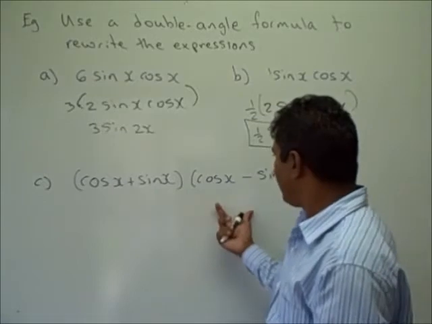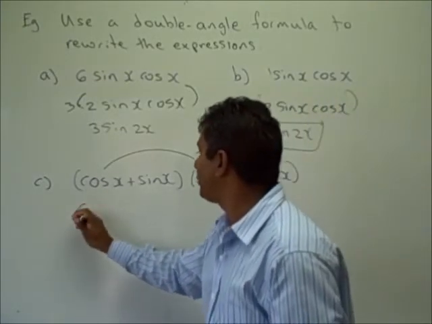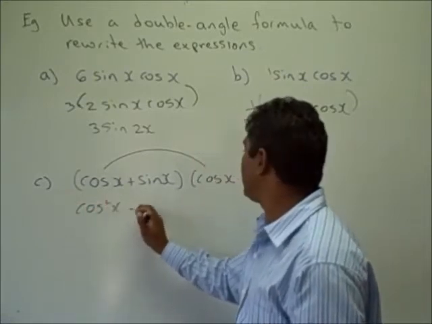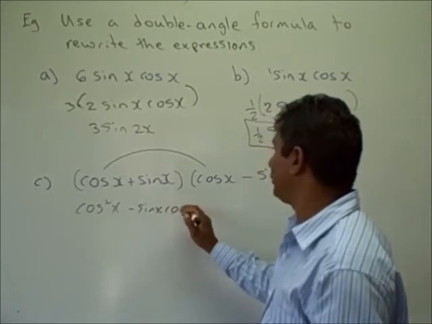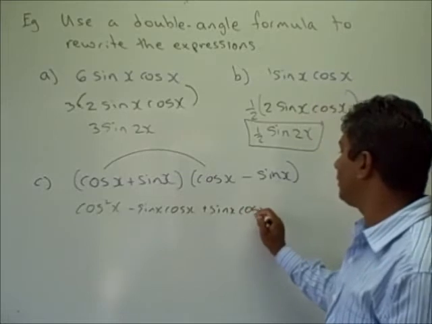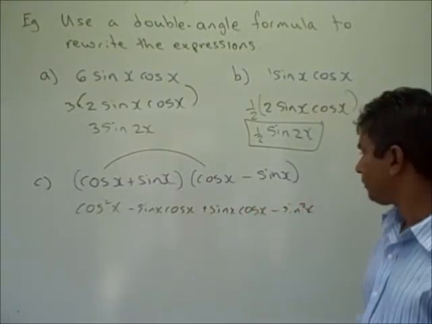In this example, we could use our distributive property, so this becomes cosine squared x minus sine x cosine x plus sine x cosine x minus sine squared x.